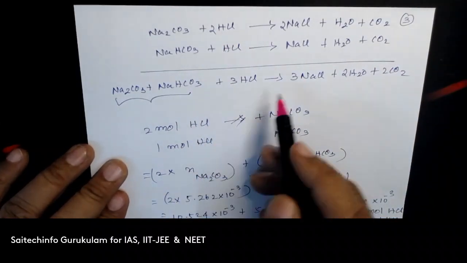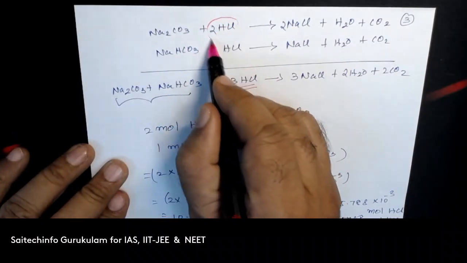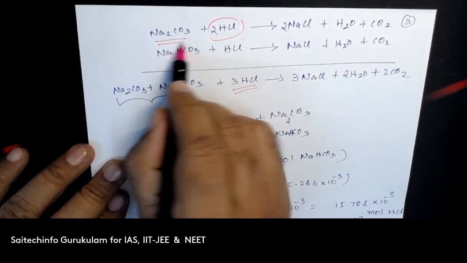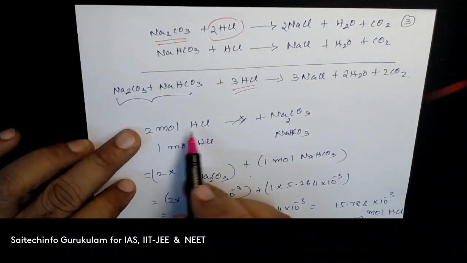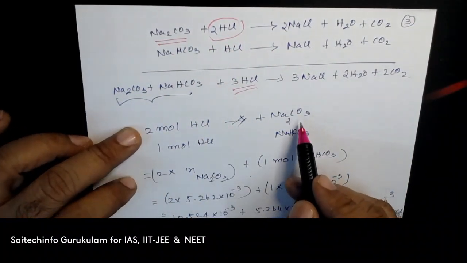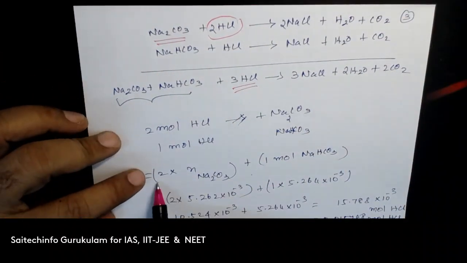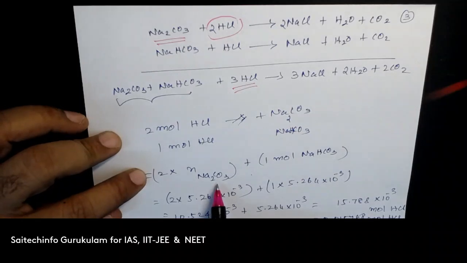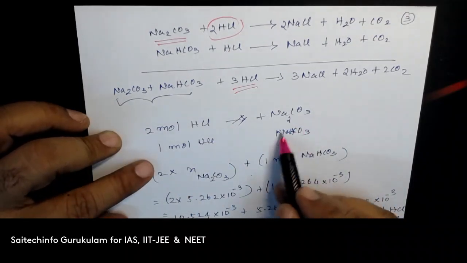We can combine together so that we have 3 HCl. It means 2 moles of HCl is required to neutralize Na2CO3. So we have to multiply 2 moles by the number of moles of Na2CO3. And similarly 1 mole of HCl means 1 mole of NaHCO3.